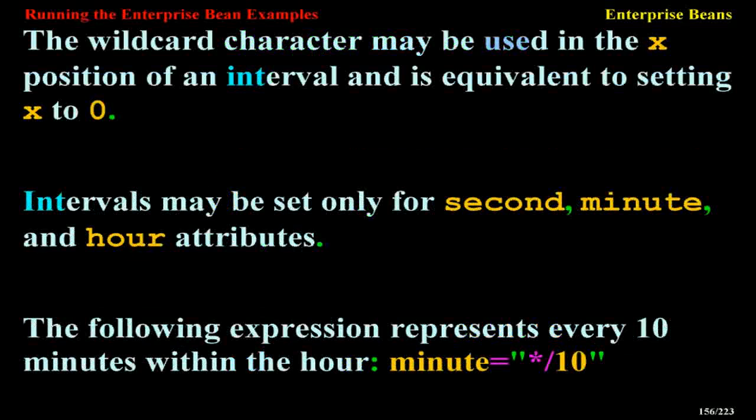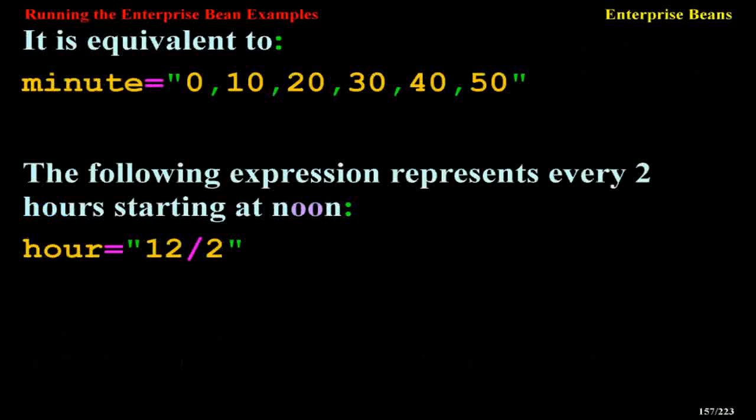Intervals may be set only for second, minute, and hour attributes. The following expression represents every 10 minutes within the hour: minute equals */10. It is equivalent to minute equals 0, 10, 20, 30, 40, 50. The following expression represents every 2 hours starting at noon: hour equals 12/2.